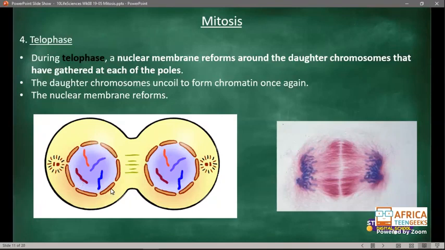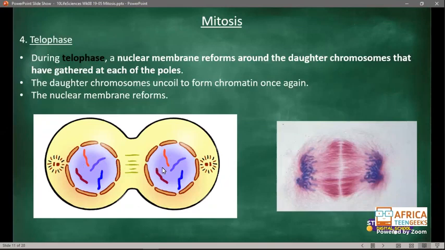It is the opposite of prophase. For telophase, the nuclear membrane reforms, but now we have two cells. It reforms for both cells, and the chromatin network is formed again. Then we end up with two identical daughter cells.